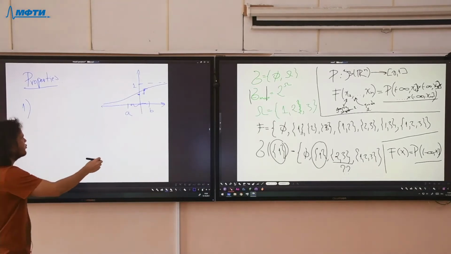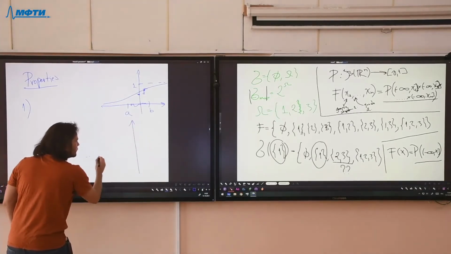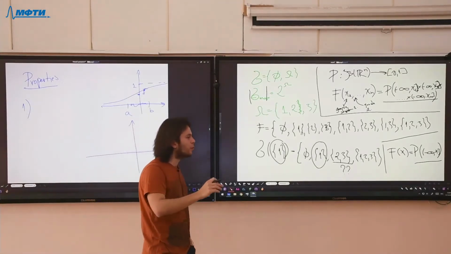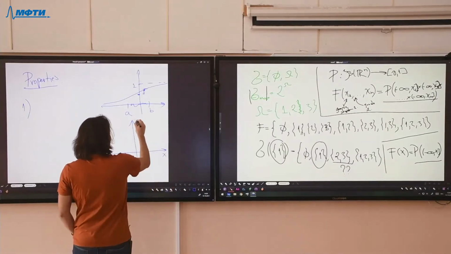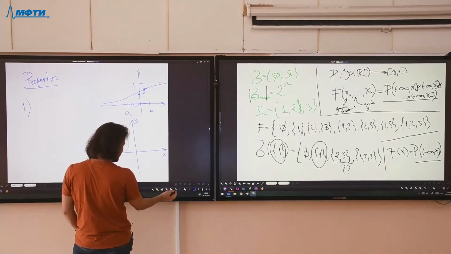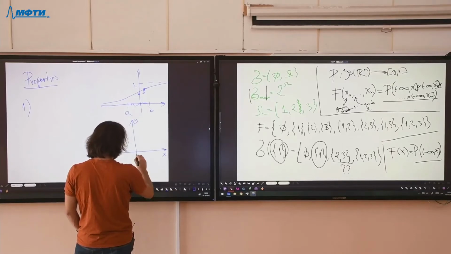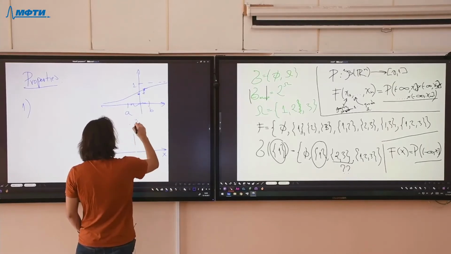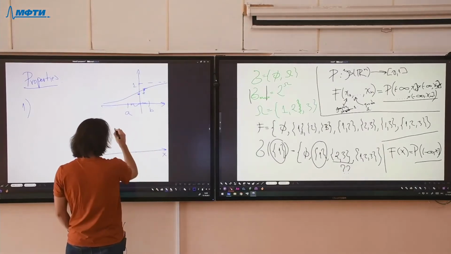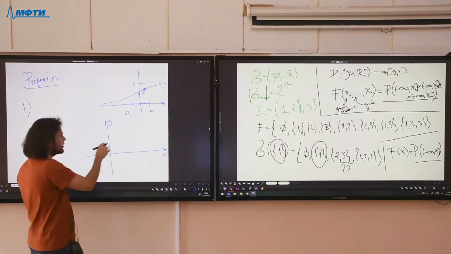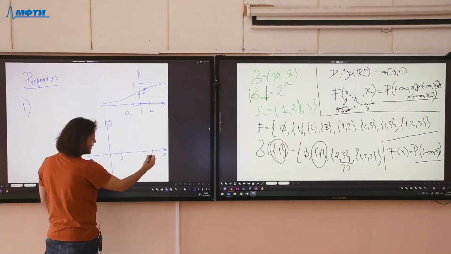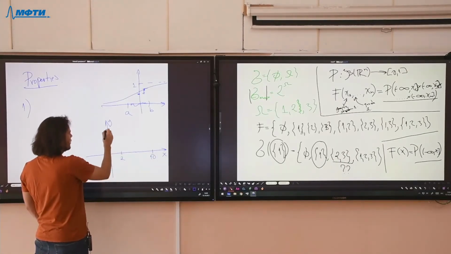So let me get back to the example when we were talking about the number of boys and the number of girls in the group. Here we have x, here we have y. But let's do it a bit differently. X and y. Let's take, I don't know, say 2 and 10, and here 3 and 9.